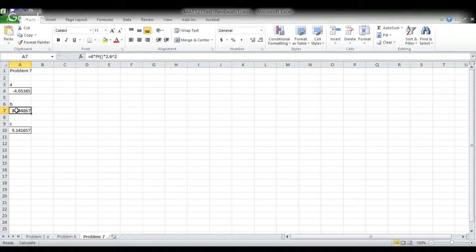Then the next one, the key here is knowing that PI with parentheses is how you put pi in Excel, so you need to remember that. And then the rest of it's pretty self-explanatory. You've got 4 times, that's the asterisk, the pi, times 2.6 to the second power. Okay.